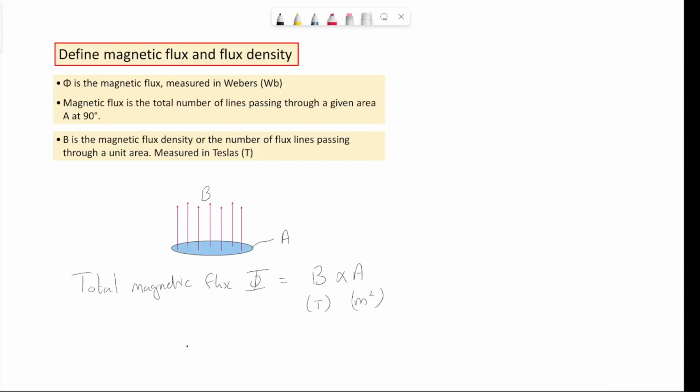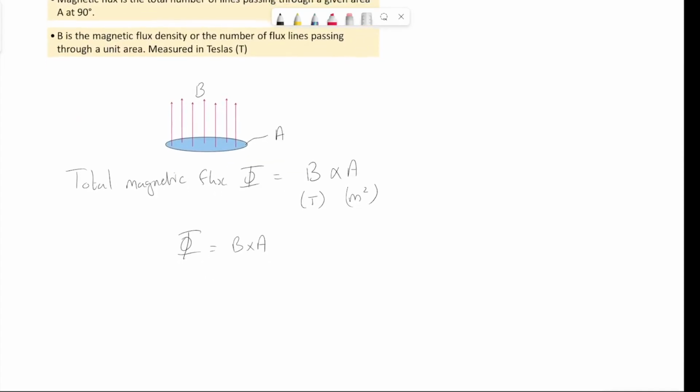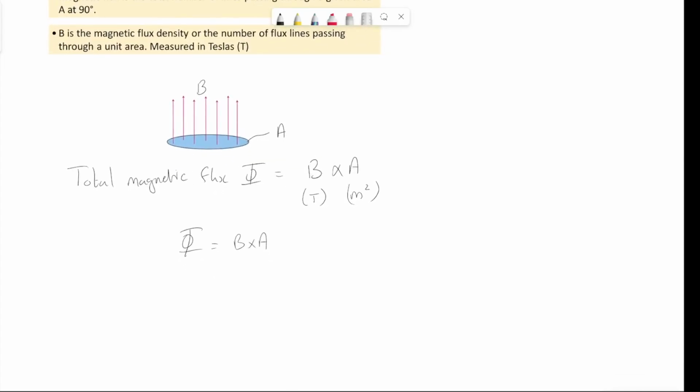In other words, phi is equal to B times A. However, this is for field lines that are at 90 degrees to the surface. But what if our field lines were not at 90 degrees to the surface?